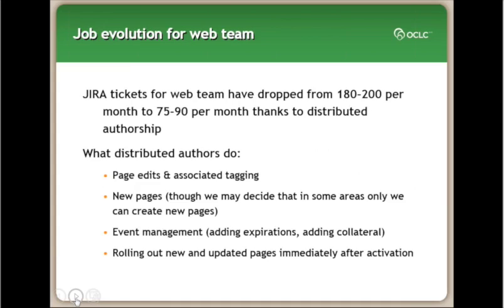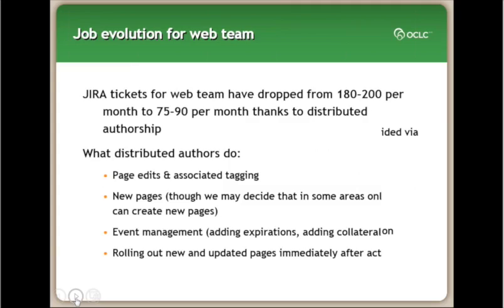Well, the JIRA tickets that we have for the web team for updating content and adding new content have dropped from 180 to 200 per month to 75 to 90 per month, thanks to a renewed and mostly enthusiastic distributed authorship.